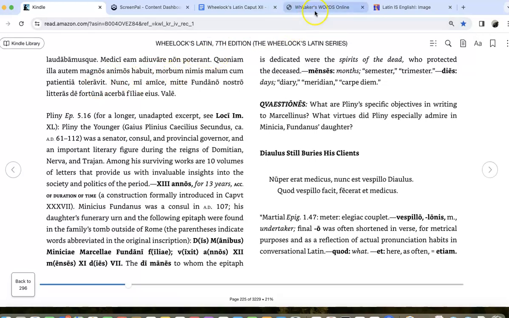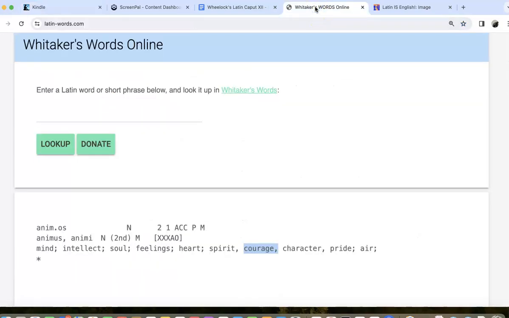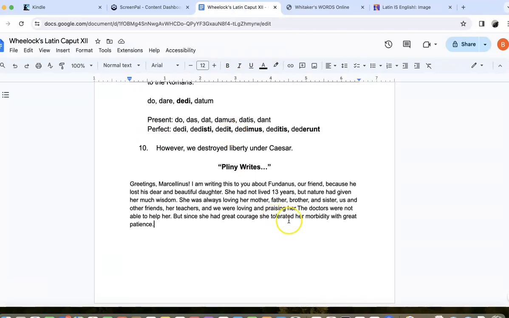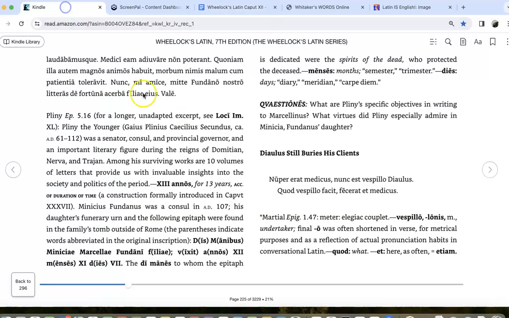And then morbum has a couple options here. Maybe morbidity sounds too clinical, but yeah, maybe we could say her illness might be better. Her illness with great patience.